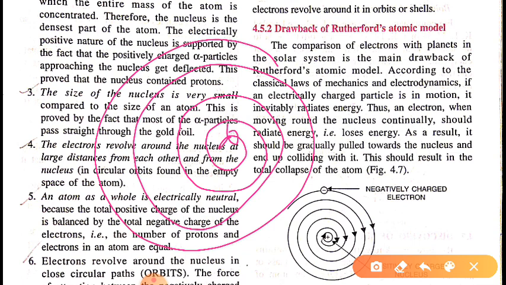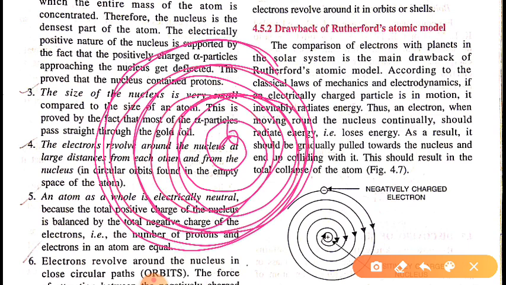So this was the drawback of Rutherford. What Rutherford said was that the electron is revolving around the nucleus, and the positive charge of the nucleus and the negative charge of the electron are balanced by centrifugal force. This part has completely failed, because according to classical physics, when any charged particle is rotating around another charged particle, it will radiate energy, and one time will come when it will go and collide with the nucleus.